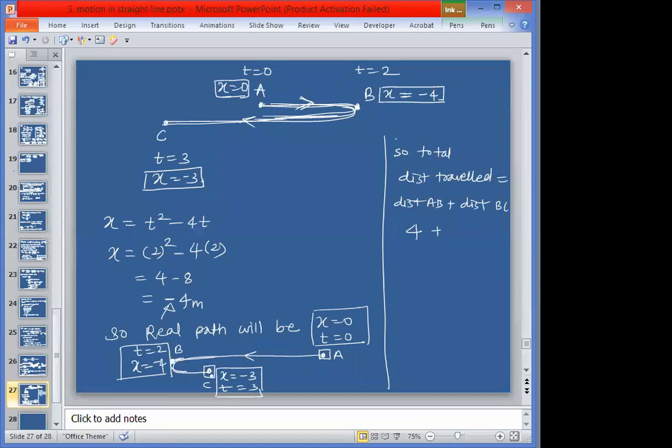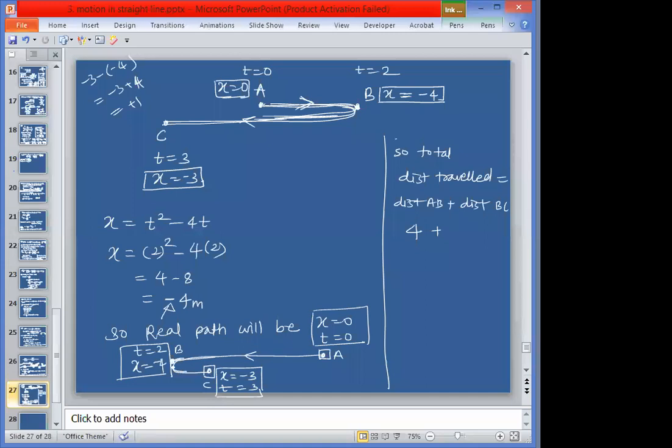This marking is -4. This marking is -3. So this marking minus this marking. -3 minus -4, किती येणार? What is this distance? Answer will be minus plus. Answer is +1.